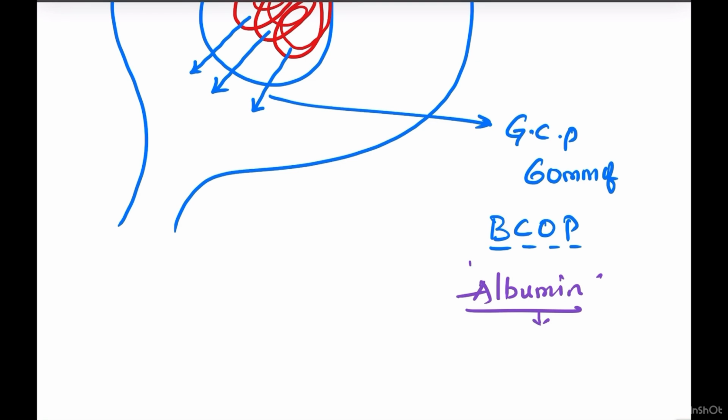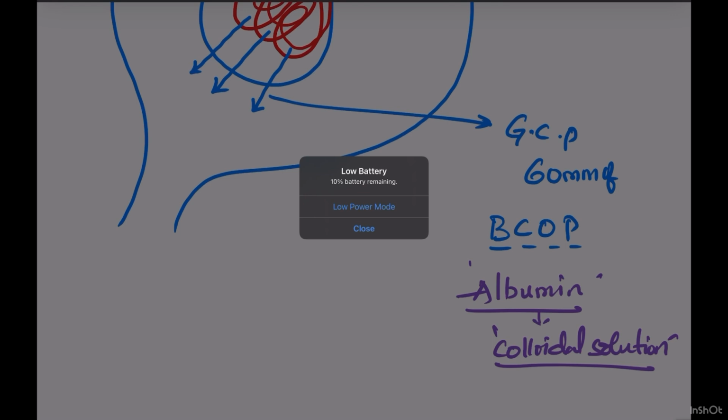When albumin dissolves into the blood, it creates a colloidal solution. Colloidal means the thick nature, the density of the blood, and that thick content seen in the blood is because of this albumin only.